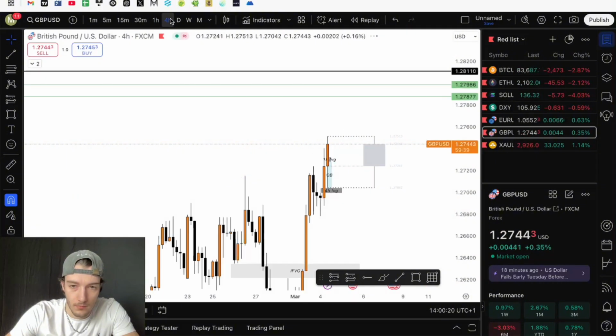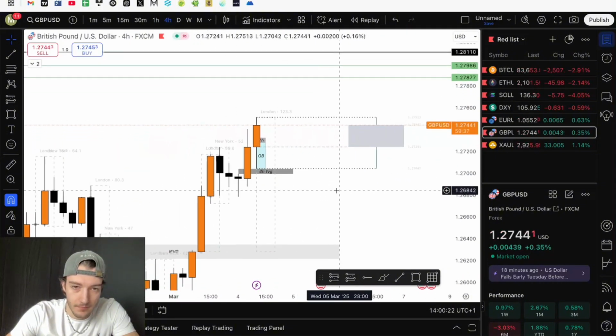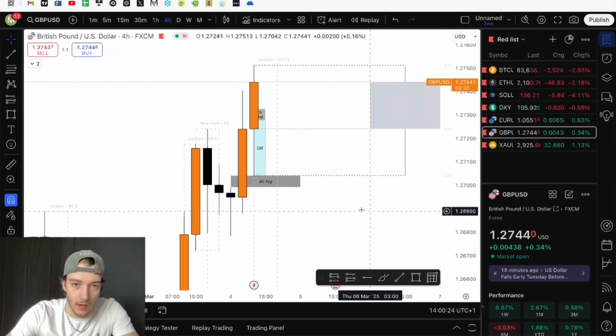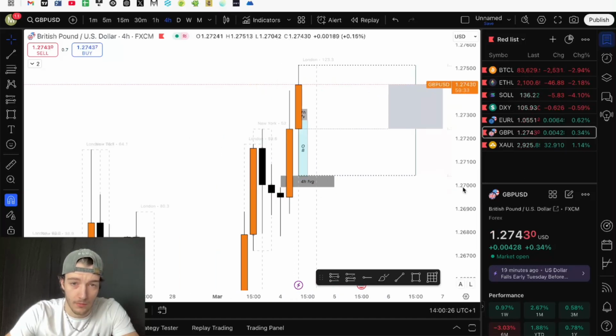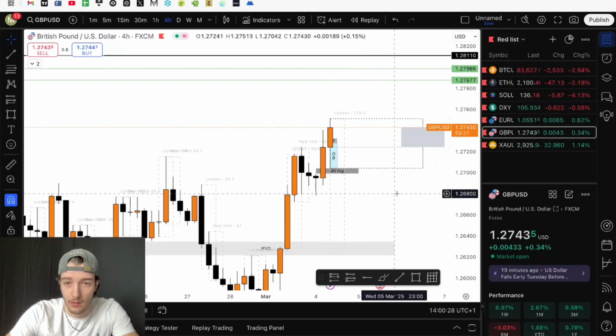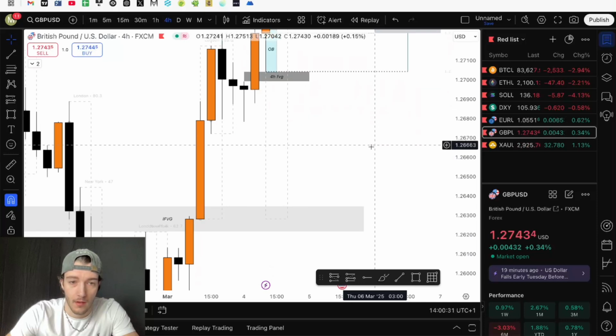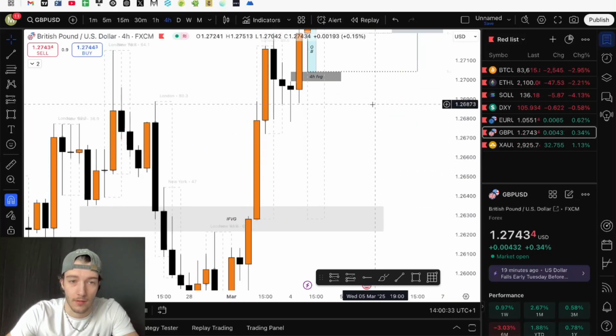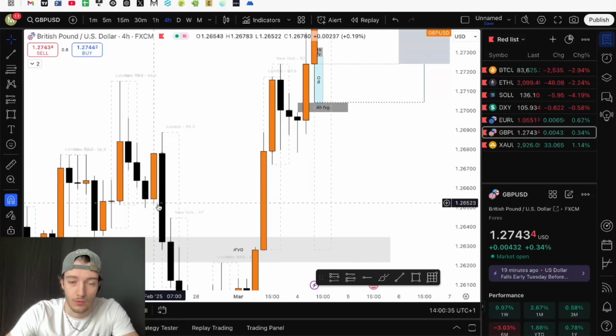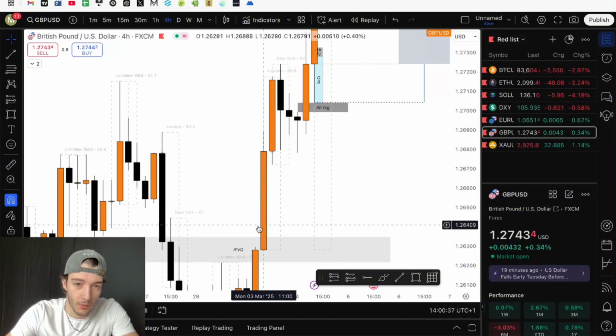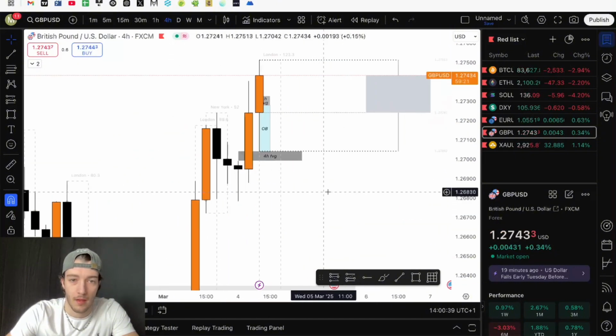So nice. I don't necessarily think that we're gonna come back into this 4 hour fair gap. It could easily be the case, however. We also have this 4 hour fair gap that we haven't tapped into, which we inversed, we inversed this bearish one.